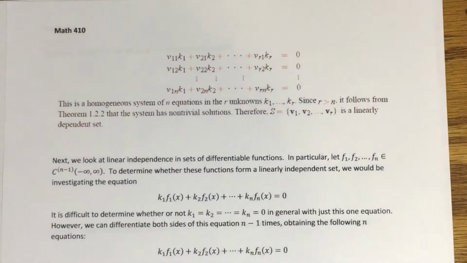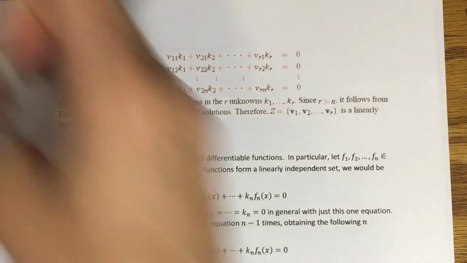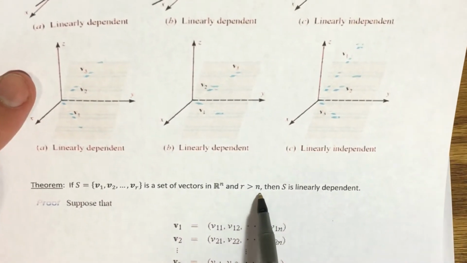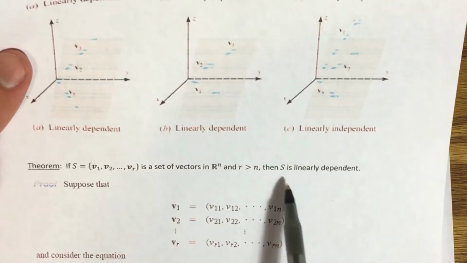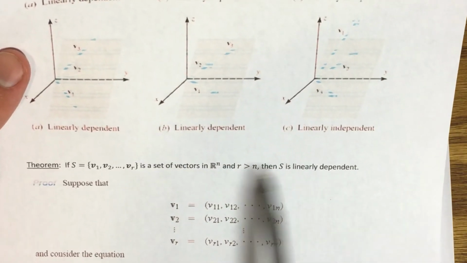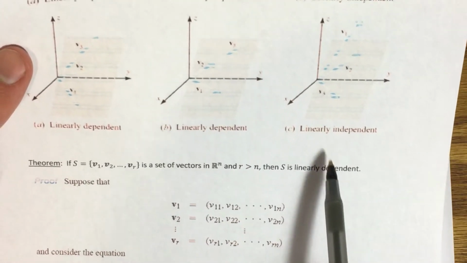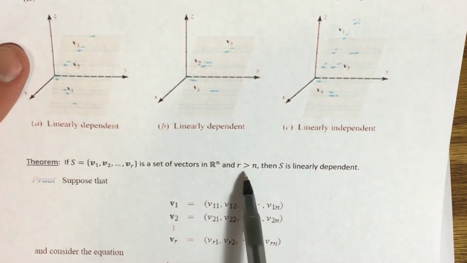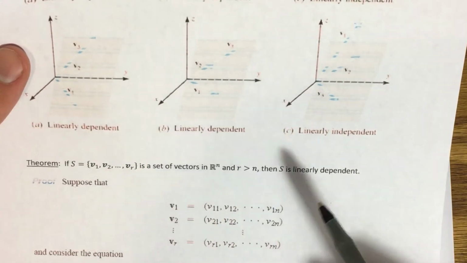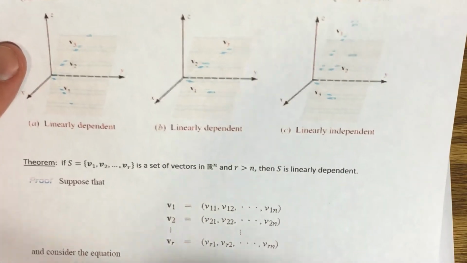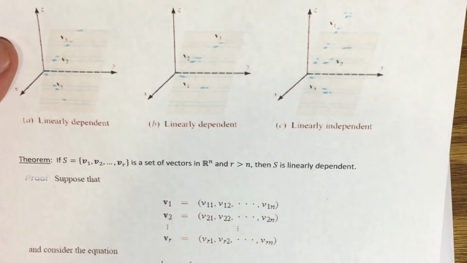You might be tempted to look at this and say, oh, okay, well, if R is greater than N, then automatically S is linearly dependent. So does that mean that if R is less than or equal to N, then we have linear independence? The answer is no. If R is less than or equal to N, you may have linear dependence or you may have linear independence. It, no pun intended, depends.